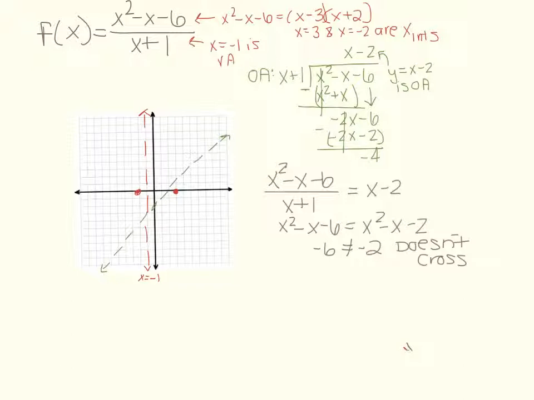The last step would then be, let me erase some of this down here. Okay, so the last step would be to create the interval chart using the critical points, which in this case were -2, -1, and 3.